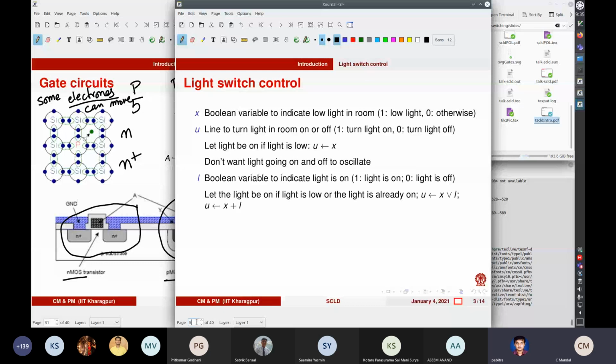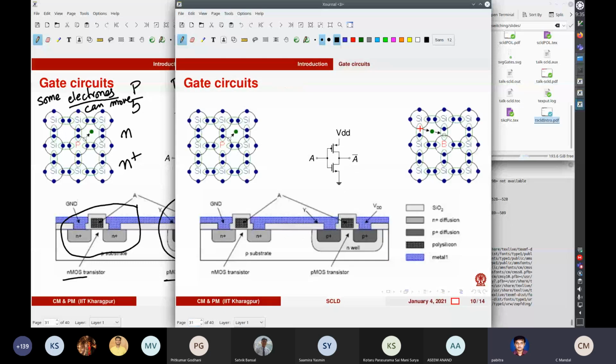Let us come back to this diagram. So what you can see is that this is a p-type transistor, and this one is an N-type transistor. Let us see what happens.